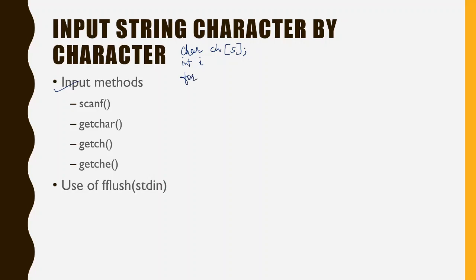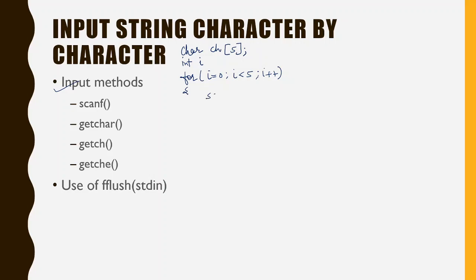So I will write for i equals 0, i less than 5, i plus plus. Suppose I want to take input of 5 characters, so I use the 0 to 4 index. And how would I do this?